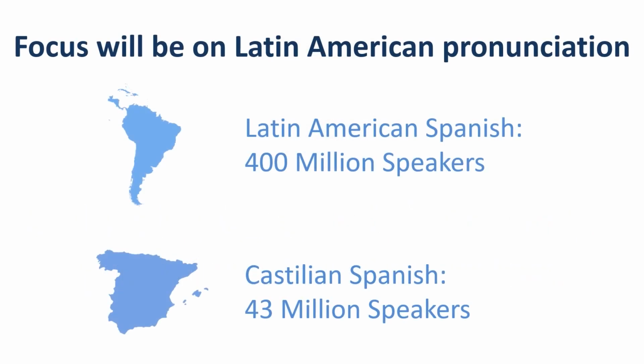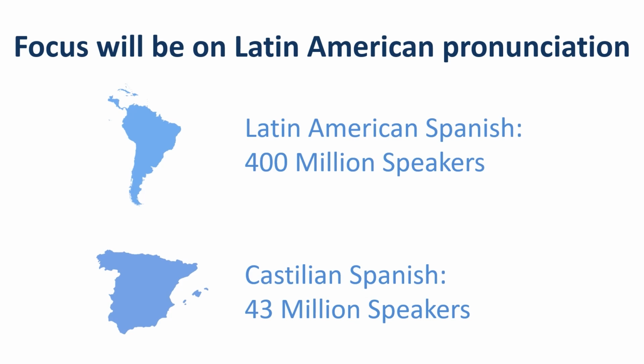Now, I do want to mention that our focus will be on Latin American pronunciation. Latin American Spanish speakers differ slightly from speakers, for instance, in Spain that speak what we call sometimes Castilian Spanish. As you can see, Latin American Spanish speakers make up about 400 million speakers worldwide, whereas those in Spain and those that speak Castilian Spanish are about 43 million speakers.